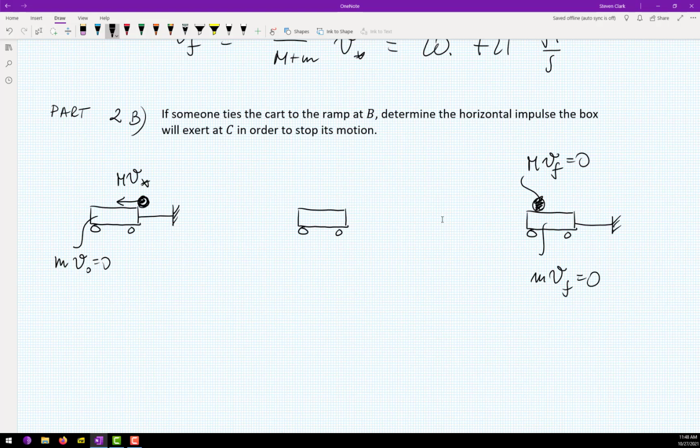So we are told to solve that problem for a different case.